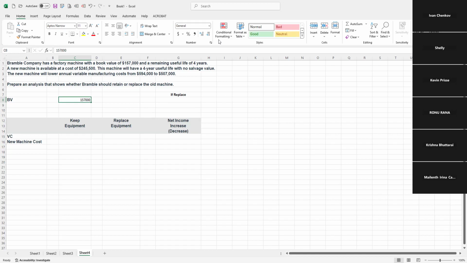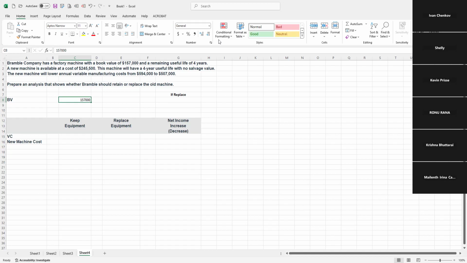If not, no. So let's pretend we keep the old machine. What do we have to pay? We have to pay the current cost, correct? For how many years? 4. So that will be equal to the current variable cost times 4 years.